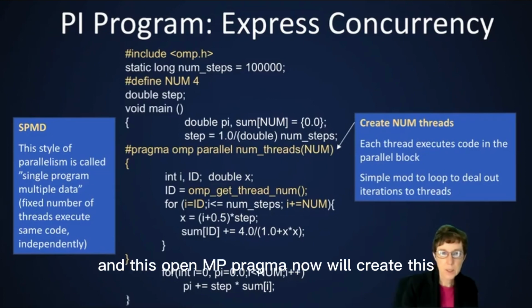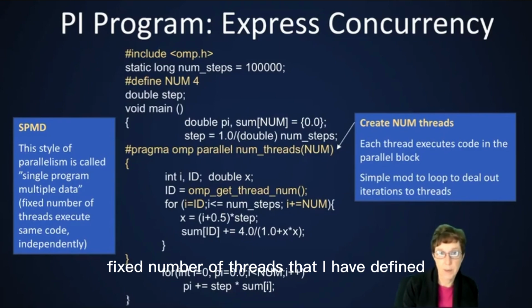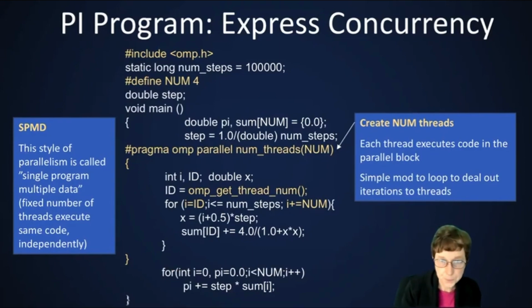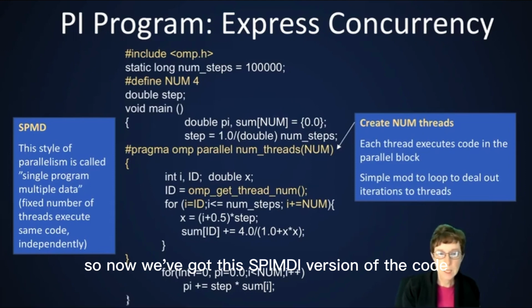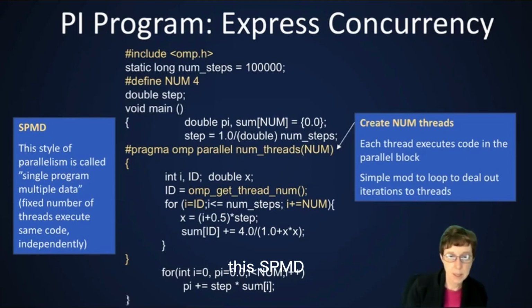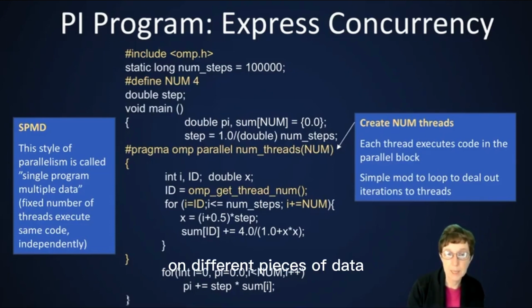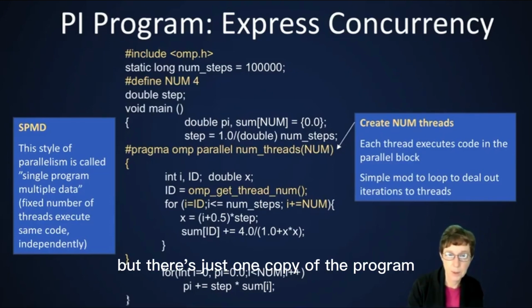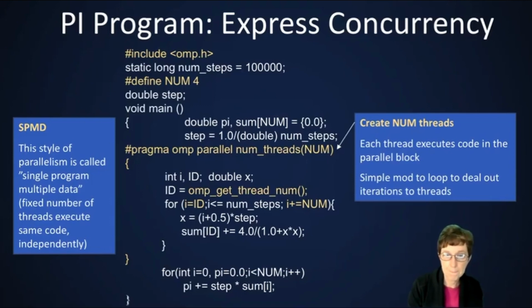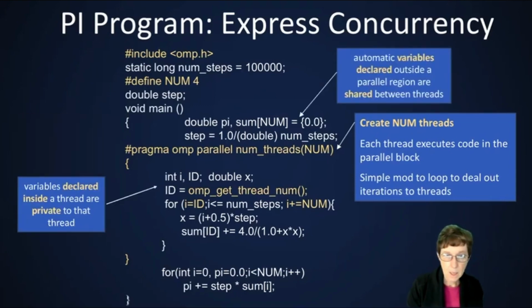And this OpenMP pragma now will create this fixed number of threads that I've defined with a macro. Okay, so now we've got this SPMD version of the program. They're all working on different pieces of data, so that's the multiple data part, but there's just one copy of the program. Okay, so let's go forward. The variables now are declared inside this loop.